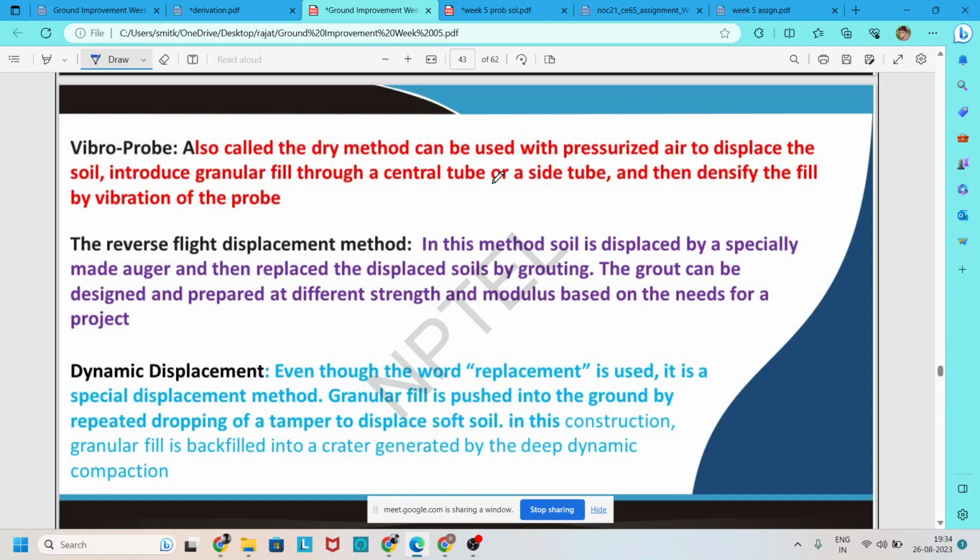And the third one is the reverse flight displacement method. In this method, we apply a reverse flight auger. With this reverse flight auger, we displace the soil, and a column void is created. This void is filled with a good grouting material, which can be designed in the laboratory or by other means.